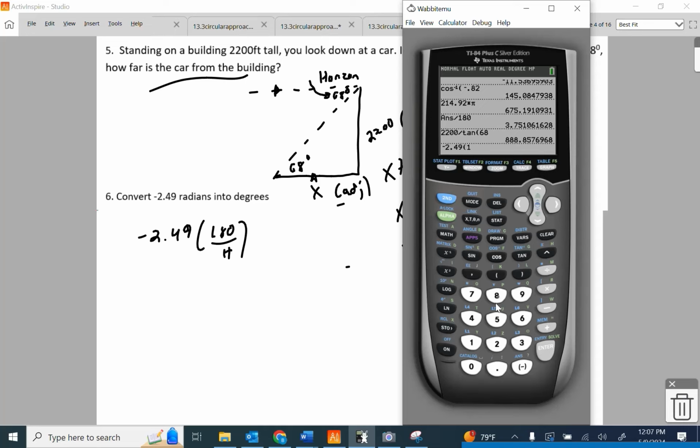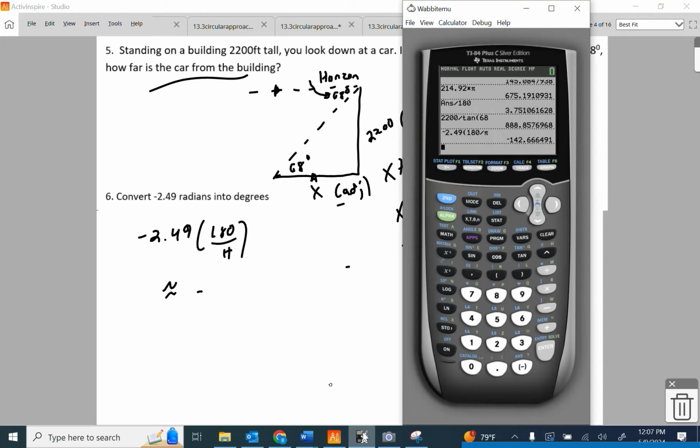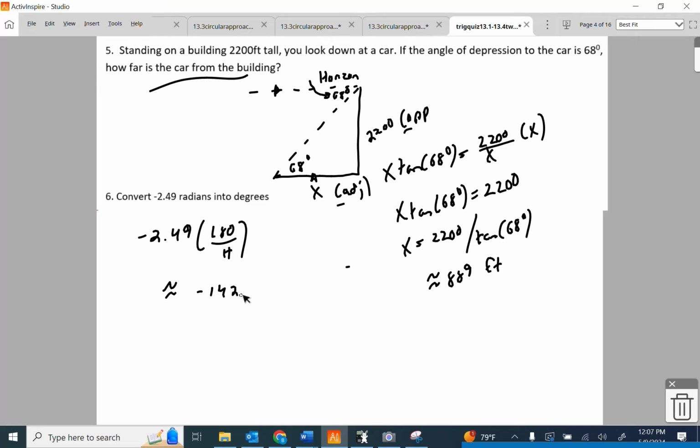We got 180 over pi. There we go, negative 142.67 degrees. And I done forgot what it was, 142.67. And we're moving forward because I don't have all day.